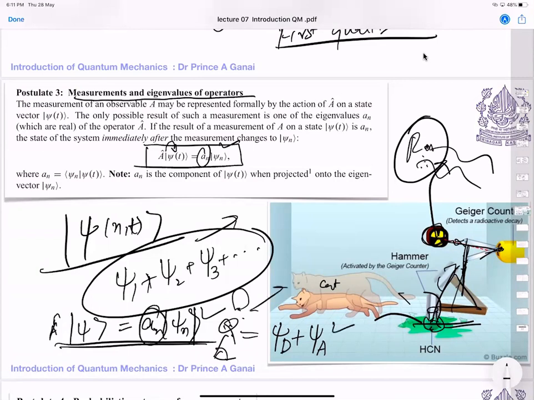The moment you see into the box, what is happening? You have made an experimental observation. When you make an experimental observation, the cat would be either dead or alive. It will choose to be in one of the possible eigenstates. So when you look into the box, it is that time when you decide what you want to see, that time when the cat wave function collapses, either into the dead cat wave function or the alive cat wave function.